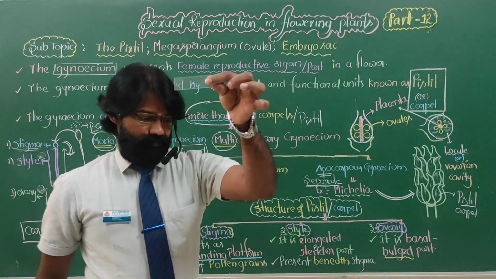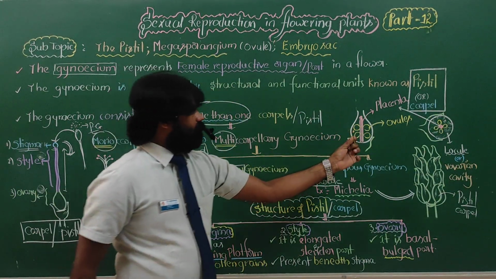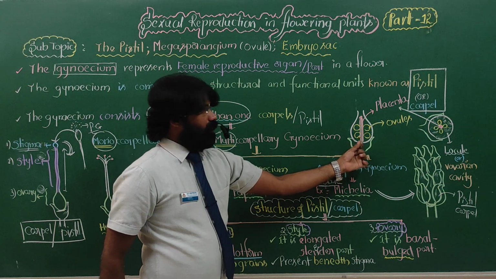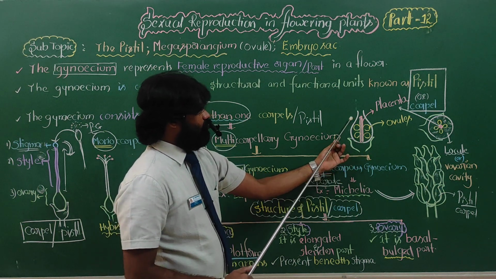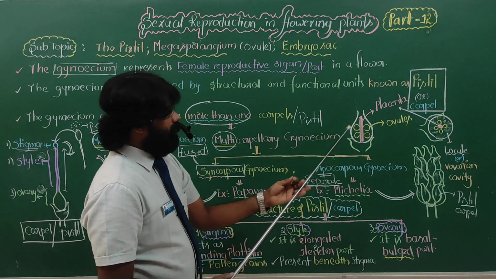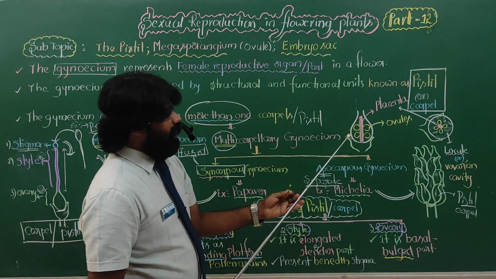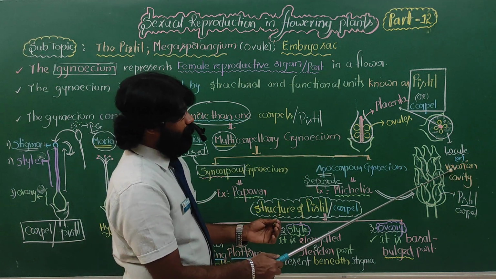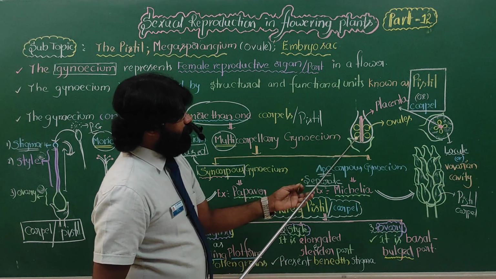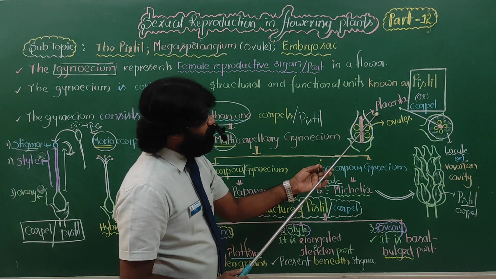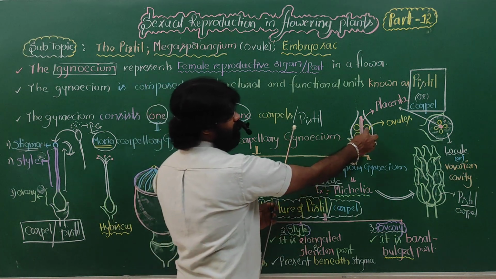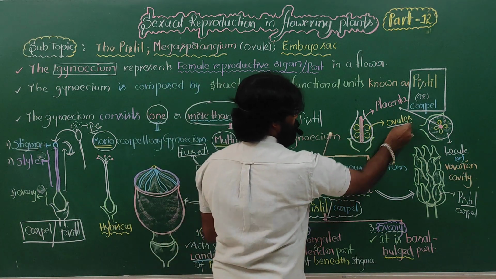In this direction, here it is nothing but the thalamus. Above the thalamus is the bulging ovary. Inside is the cavity, which is nothing but the locule or ovarian cavity. In the middle of the cavity there is a fleshy tissue, nothing but the placenta. To the placenta, the yellow-colored ovules are attached.